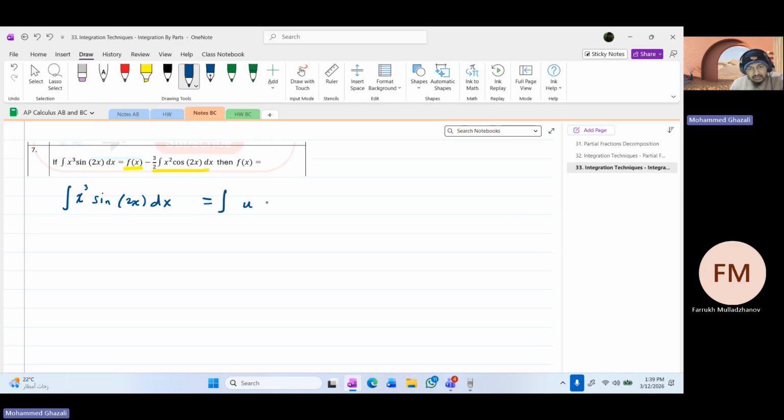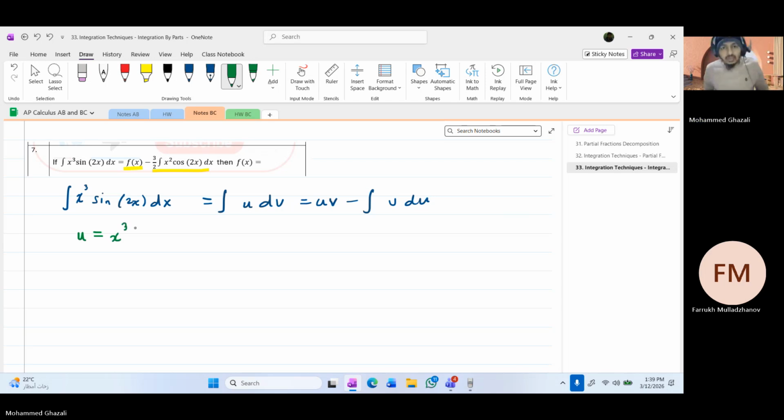So we know this is the integral of u dv, which is uv minus the integral of v du. And so we need to choose our u in such a way. We have to choose our u as x cubed and dv as sine 2x dx.